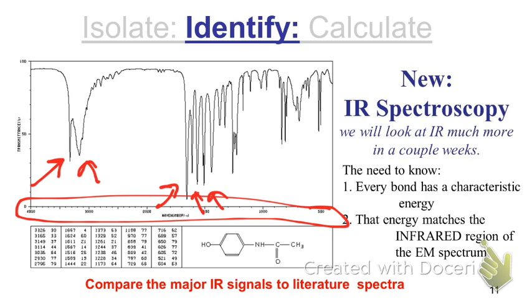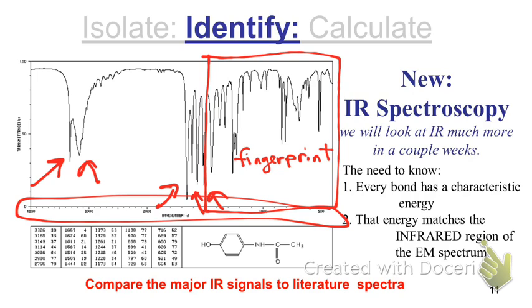When you deal with this, you will probably be told that this whole region here that's now boxed in, you won't have to analyze in lecture. Okay? There's a lot of important information in there, and it also tends to be a lot more difficult to interpret. Okay. Lots and lots of signals. It is typically referred to as the fingerprint region.